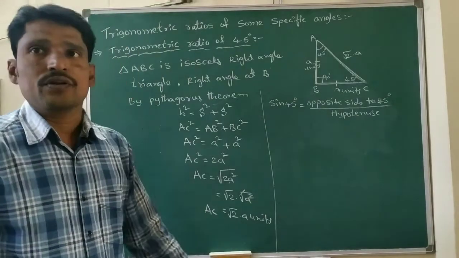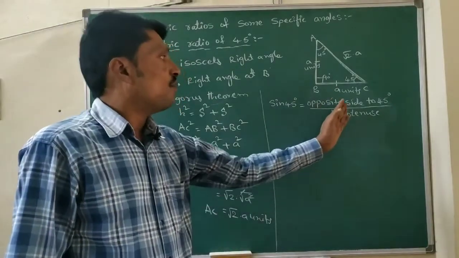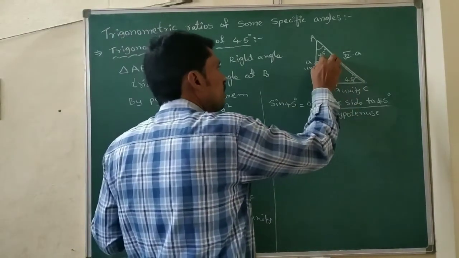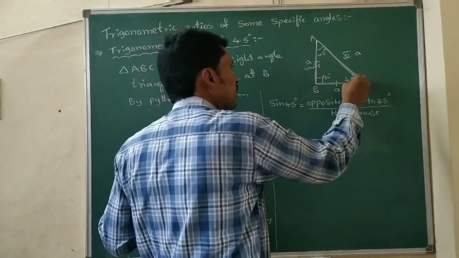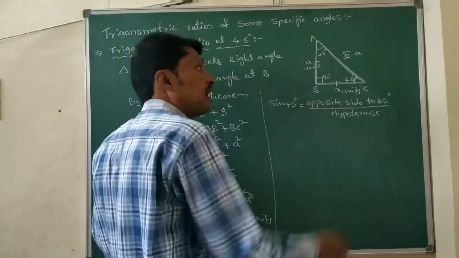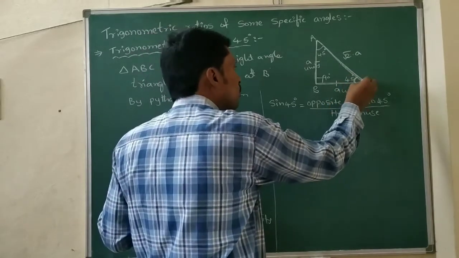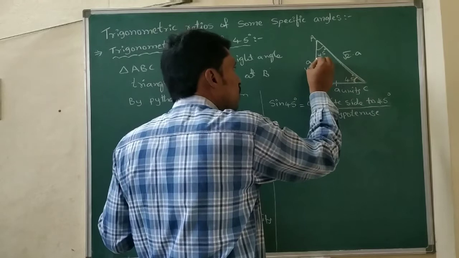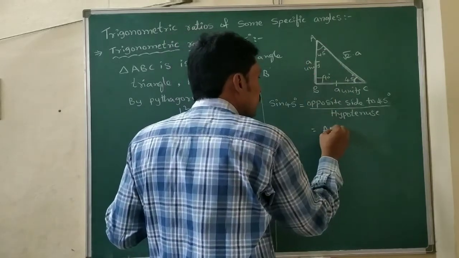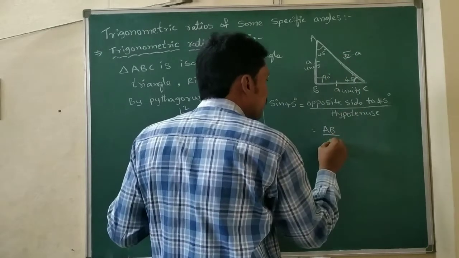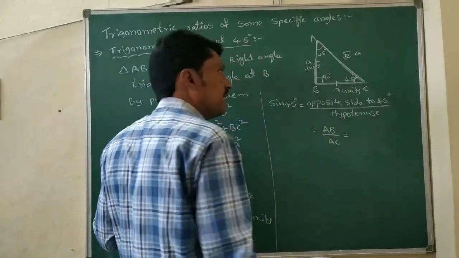Here we have 45 and here 45. I am taking the acute angle at C, so the opposite side is AB, by hypotenuse AC.